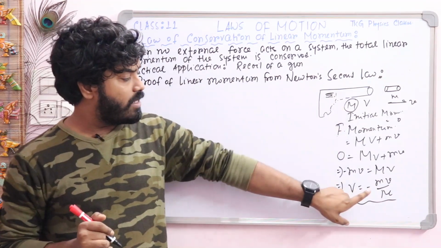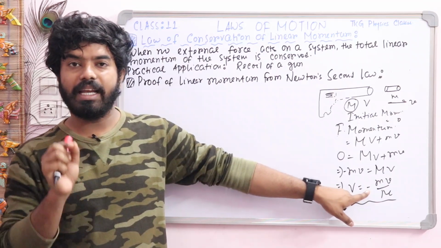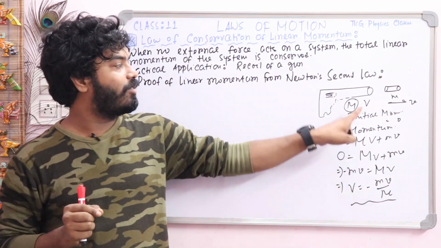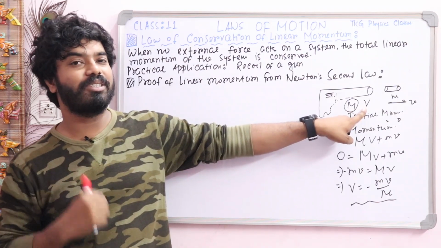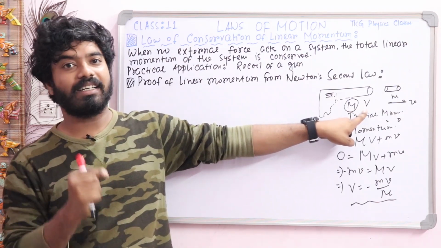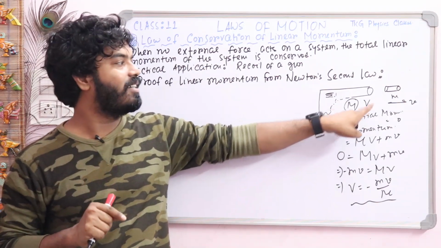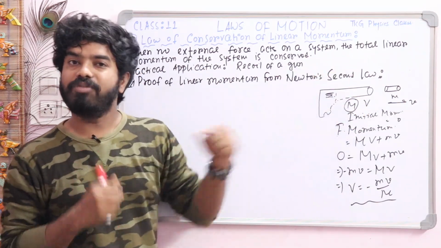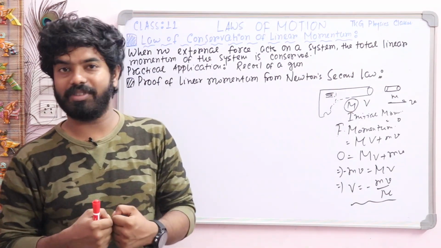Now see what is the significance of this negative sign. This negative sign indicates that the velocity of the gun is exactly opposite to the velocity of the bullet. That is, the gun kicks in the backward direction when the bullet is going in the forward direction, and this is the recoil of a gun. This is the recoil velocity of a gun.